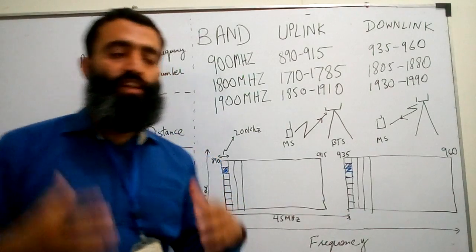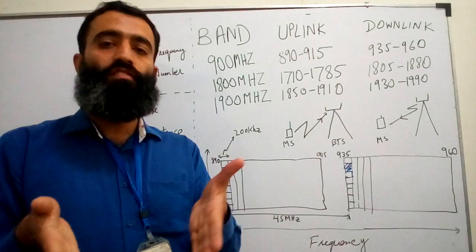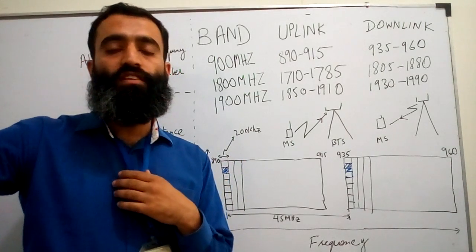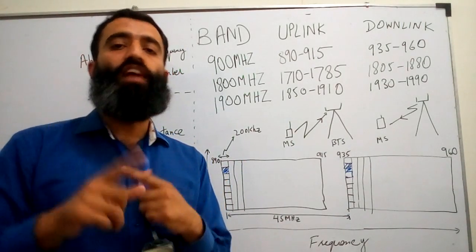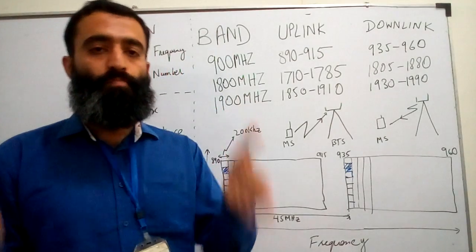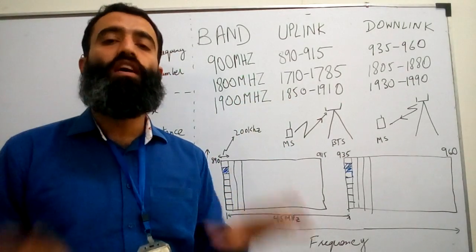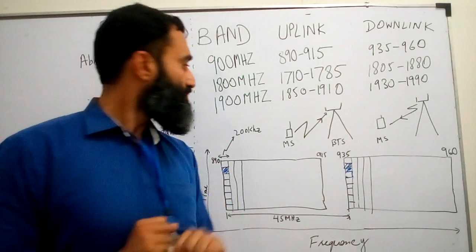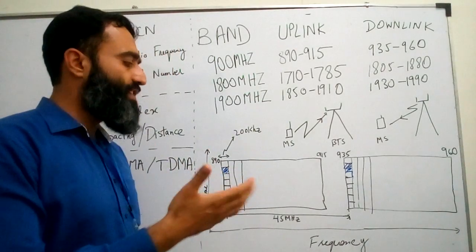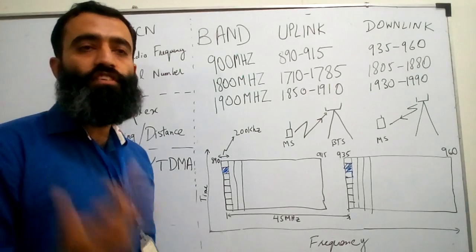This means that in one absolute radio frequency channel, or one uplink downlink frequency pair, you can have 8 different subscribers or users.